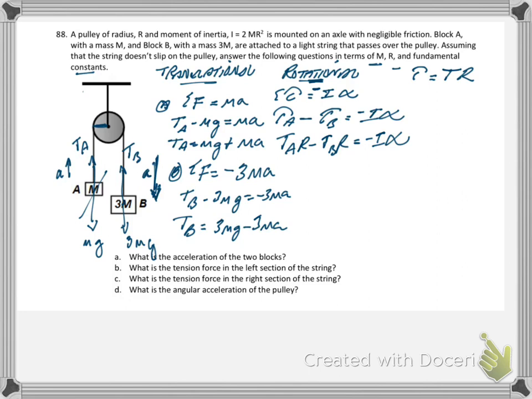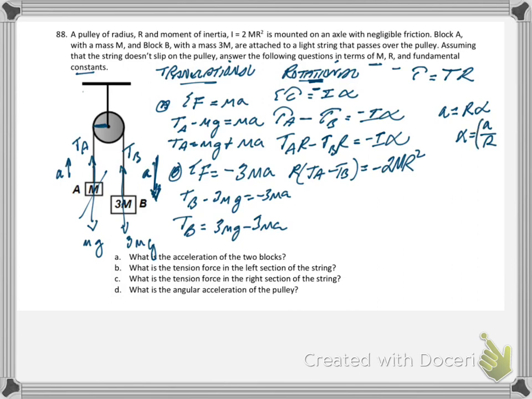What we can do now is factor out the r. The moment of inertia they gave us is 2mr squared. And we have to get angular acceleration into linear terms, so a equals r times angular acceleration, or angular acceleration equals a over r.